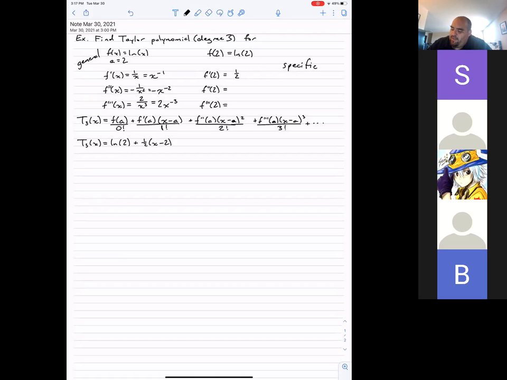So these over here are going to be variable, and these over here are going to be constants, because I'm going to evaluate them at x equals 2. Allison says -1 over 2 squared, which is going to be, yep, -1 over 4. And then finally, f triple prime of 2. 2 over 8, which will eventually become 1 over 4.